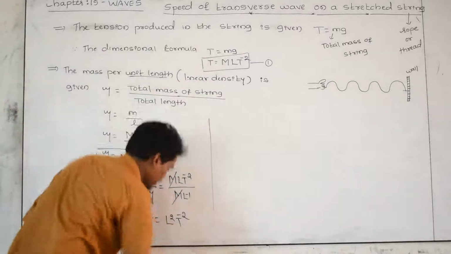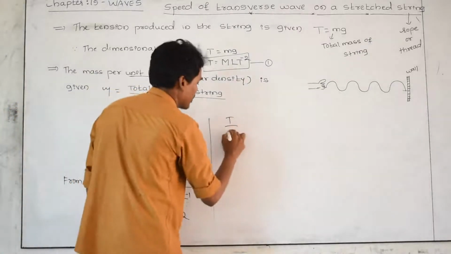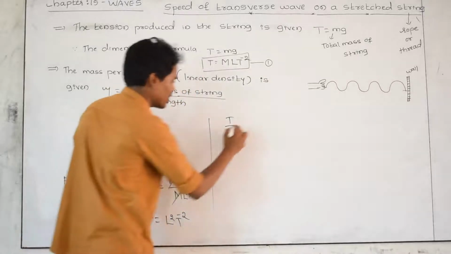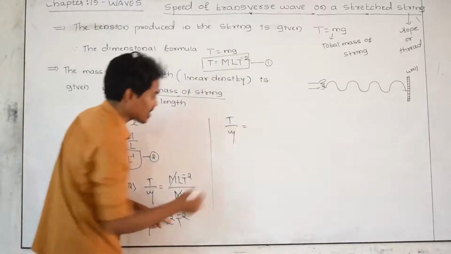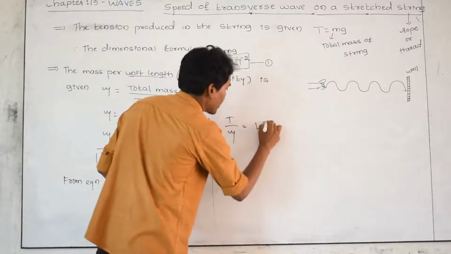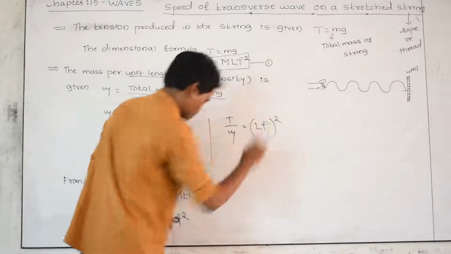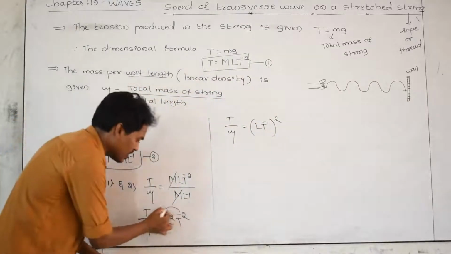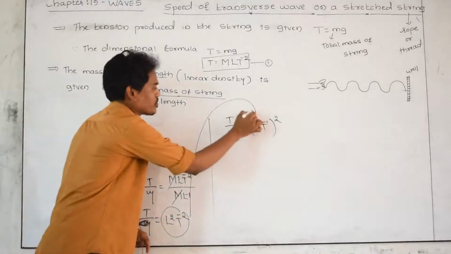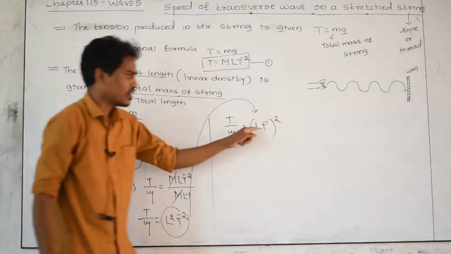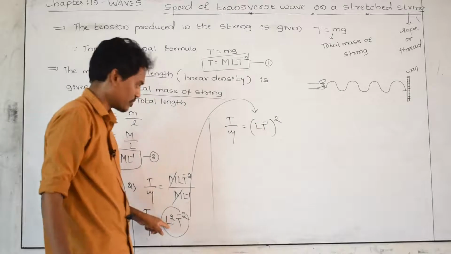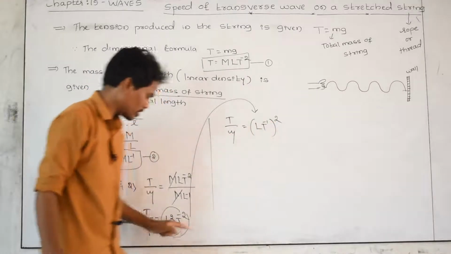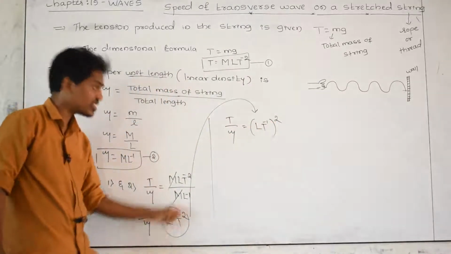And next part I am writing here. T by mu is equal to, I am writing this in another form, LT raised to minus 1 whole square. L into L, L square, minus 1 into 2, T raised to minus 2. I have written this form like this.